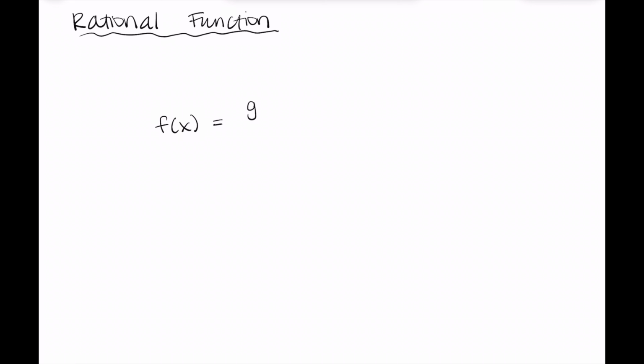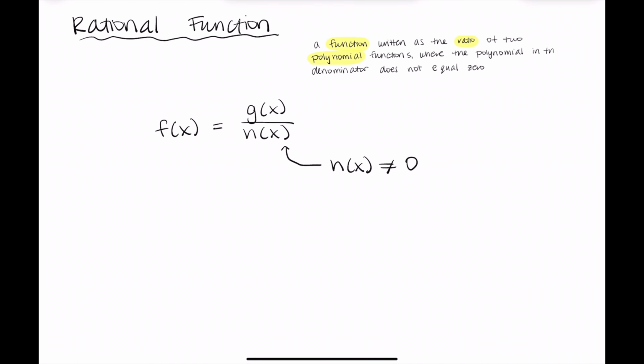So f of x is the ratio of two polynomial functions where the denominator cannot be 0. So we will state that g of x is a polynomial function, h of x is a polynomial function, but the denominator cannot be 0. And as you will see here, this matches our definition. So we are good with the first part of our lesson.